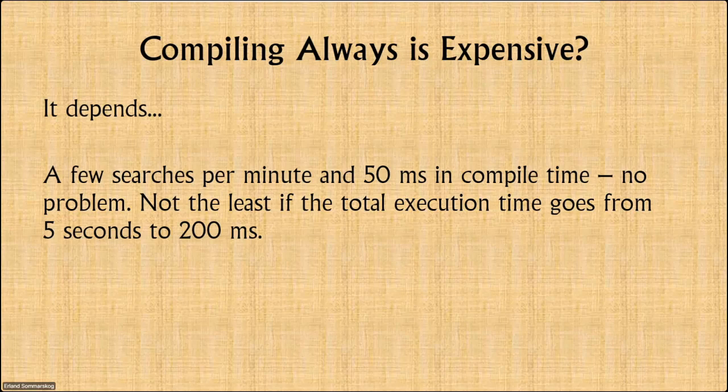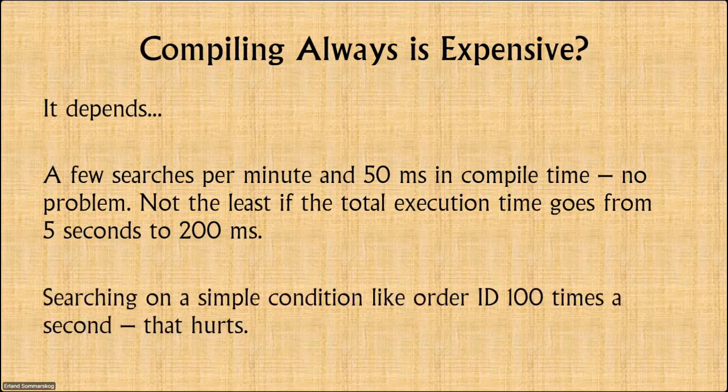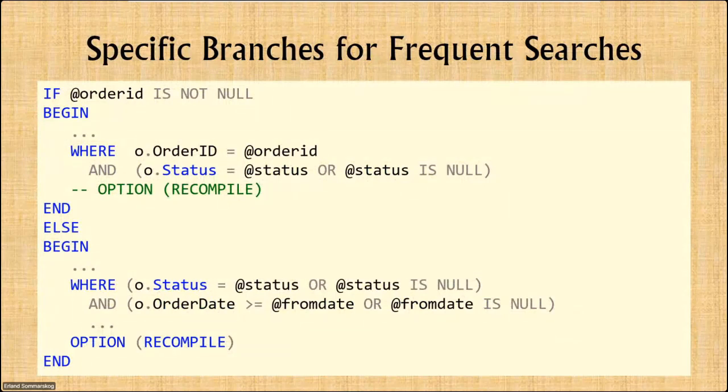Then you're actually making a lot of gain. But now imagine that you're using this static search to look up orders by order ID 100 times a second. Now that is going to make your CPU really, really hot. That's bad. So if you have this situation, well, if you know that the search on order ID is very frequent, you can do this.